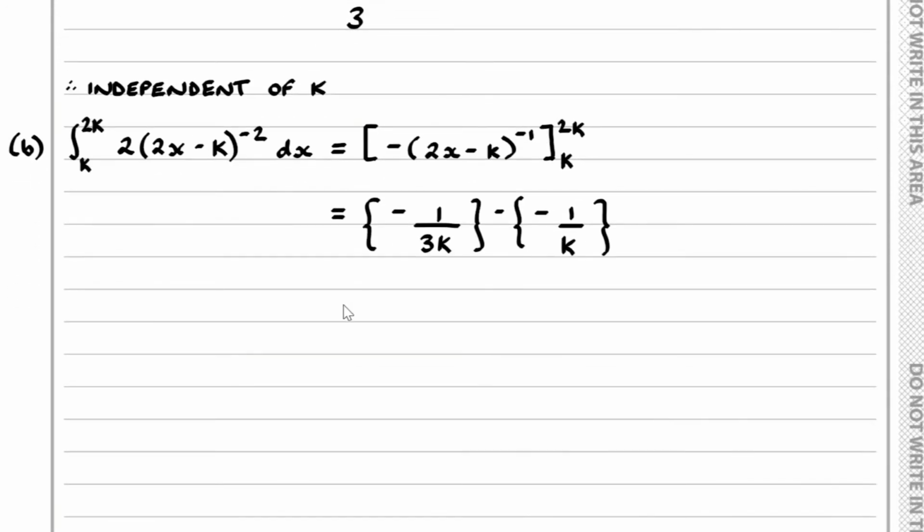And so therefore, the minus and the minus give a plus, so I've got 1 over k, subtract 1 over 3k, and it turns out here we end up with 2 over 3k.